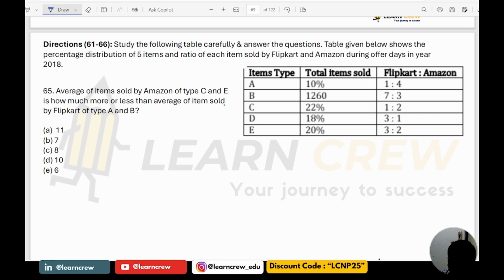Next, average items sold by Amazon of type C and E is how much more or less than average items sold by Flipkart of A and B. So 22% of 4,200 is 616.